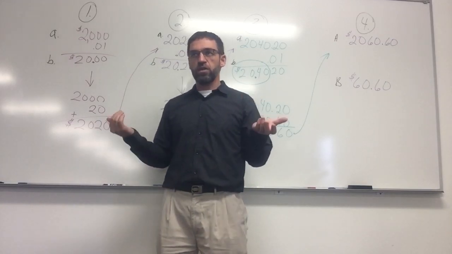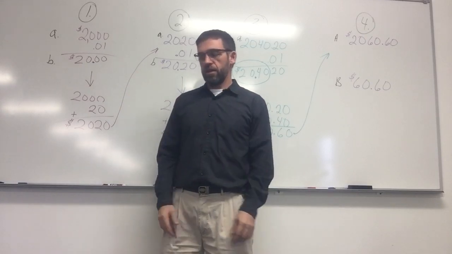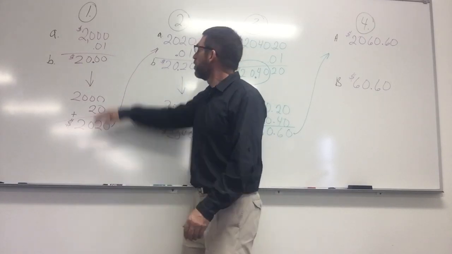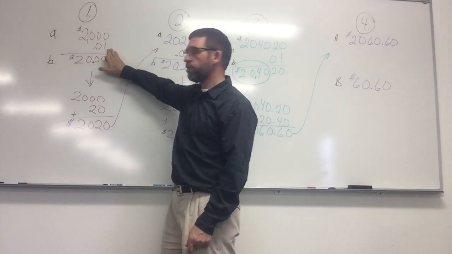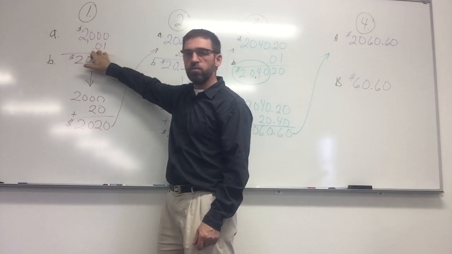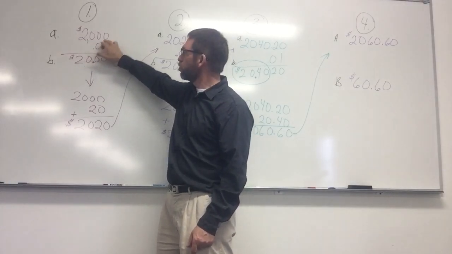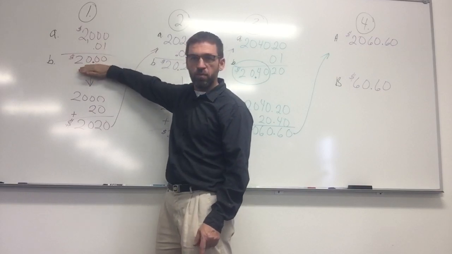So you start out with $2,000 and you have 1% interest. And so that's not hard. You should just start out here with your 2,000 and your 1%. You change it to a decimal. You have .01 decimal. So you multiply .01 times 2,000. You come up with $20.